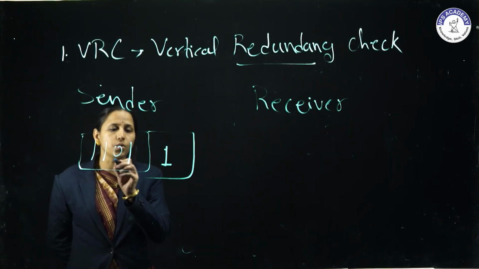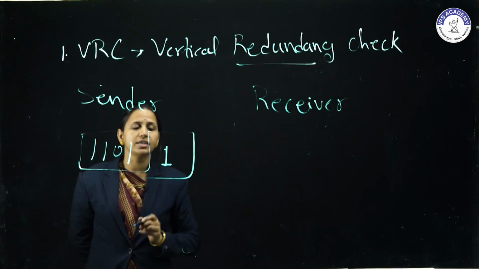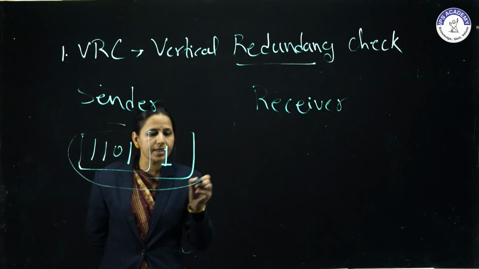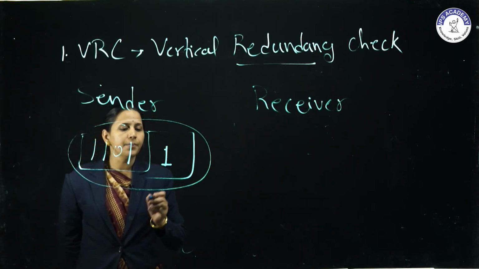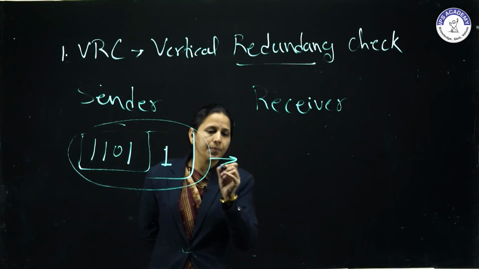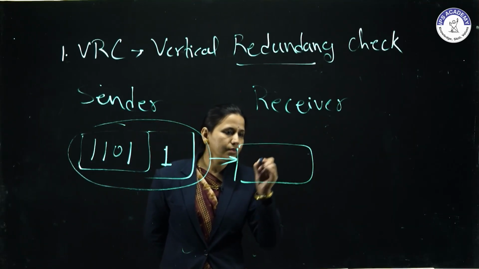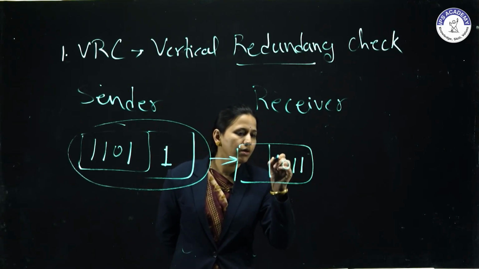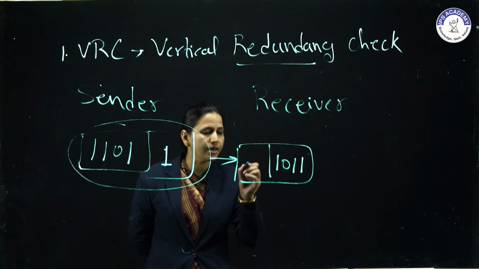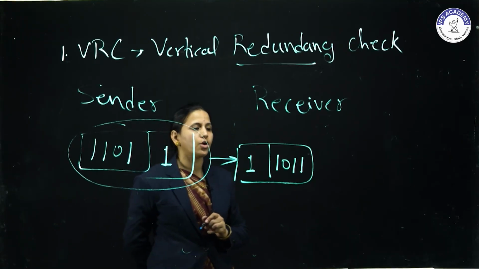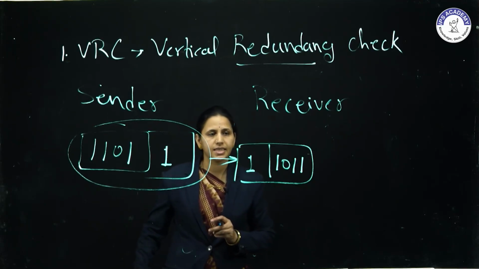So now 1, 2, 3, 4, the number of ones is 4. So we can send 1 1 0 1 for transmission, where this is our data word and this is the redundancy. This redundancy bit is called the vertical redundancy check.